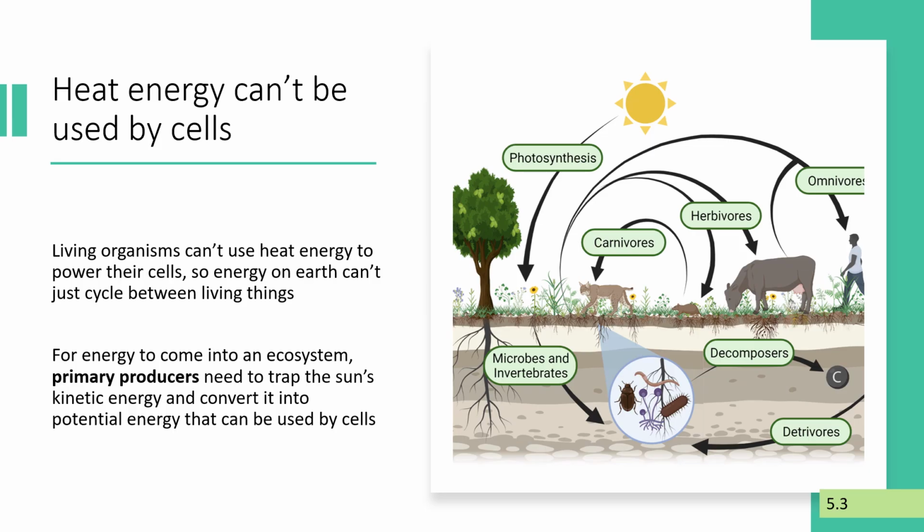This is what plants and primary producers do. A primary producer is an organism that traps the sun's kinetic energy and converts it into potential energy that can be used by cells.